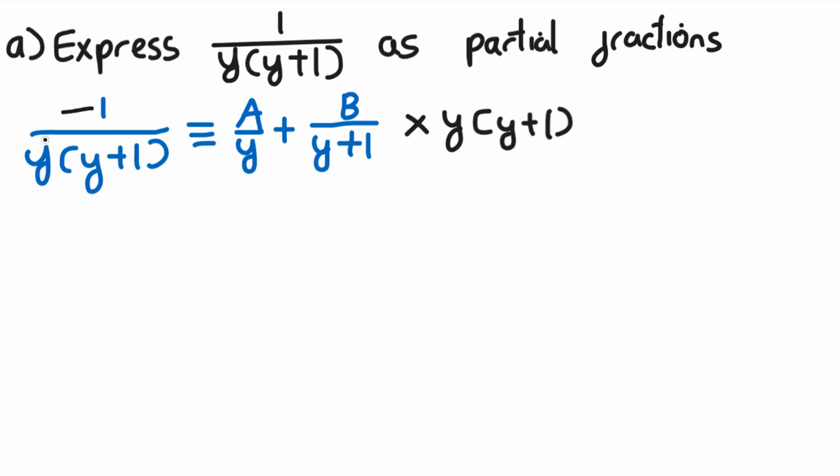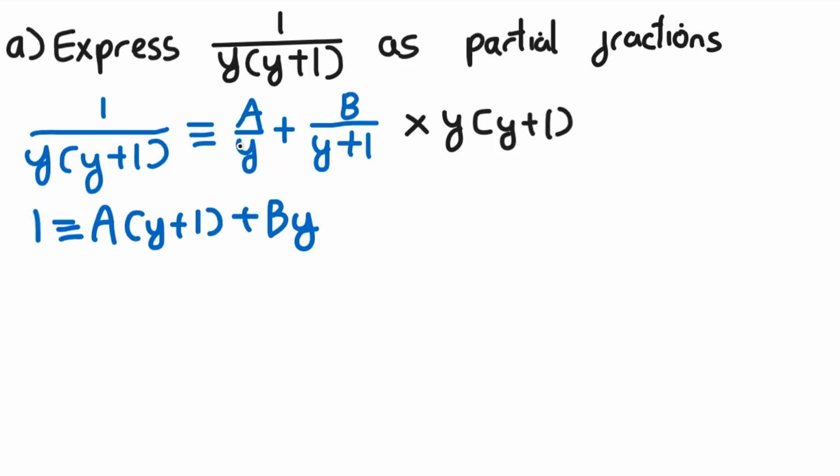So if we do this for this term here, it's just going to cancel out the denominator and leave us with 1. For this term here, the y here is going to cancel out and leave us with a multiplied by y plus 1, and then for this term here the y plus 1 denominator is going to cancel out with this bracket and leave us with b multiplied by y.